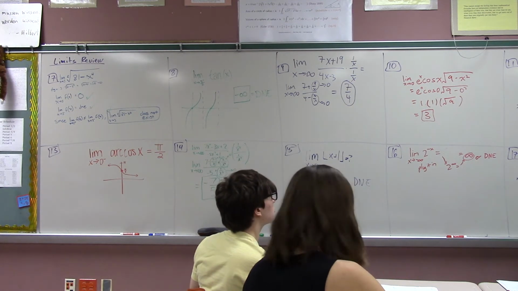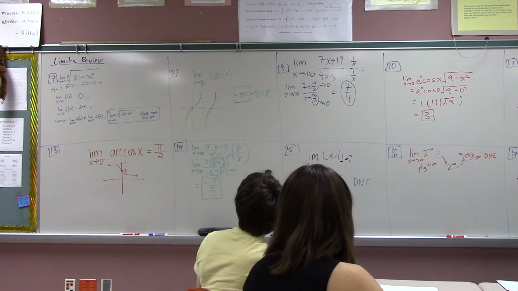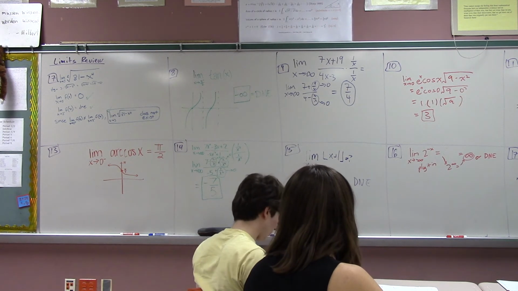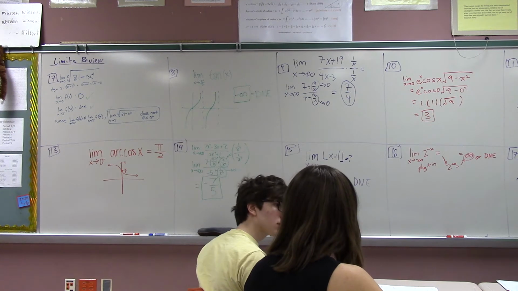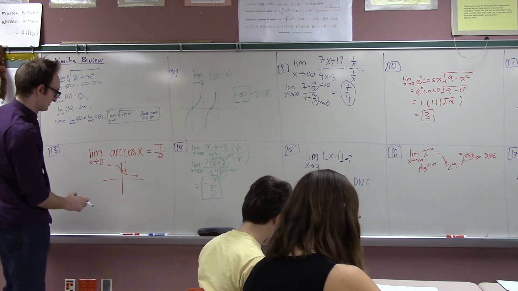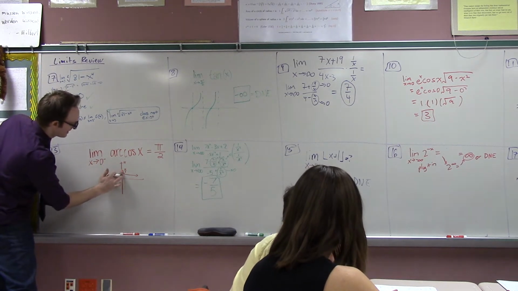All right, this is very much not the graph of arc cosine. Wait, what's going on here? Arc cosine of 0 is pi over 2, but it's just not what arc cosine looks like. One of us is wrong. That is definitely wrong.